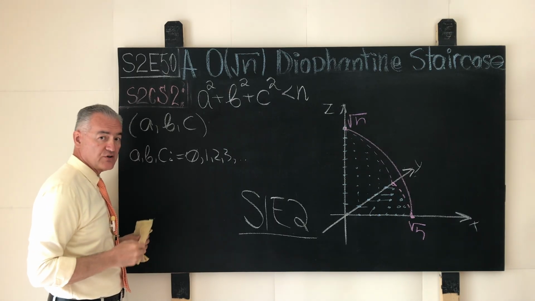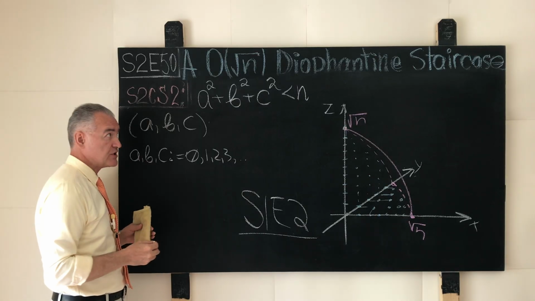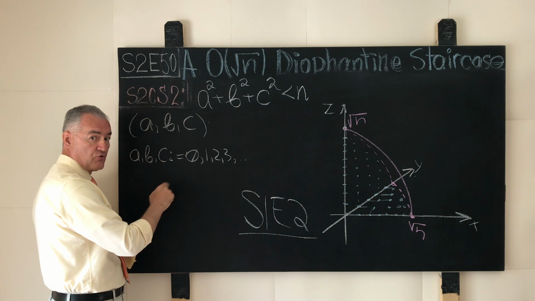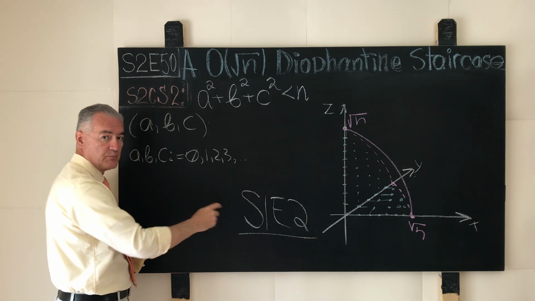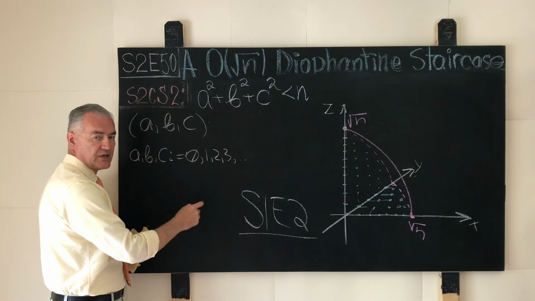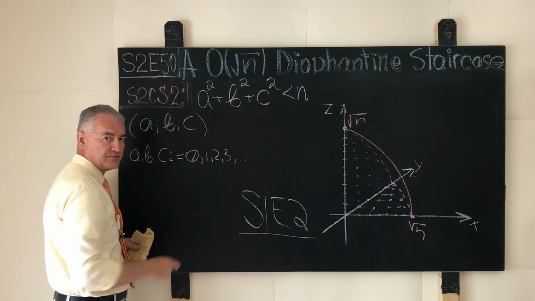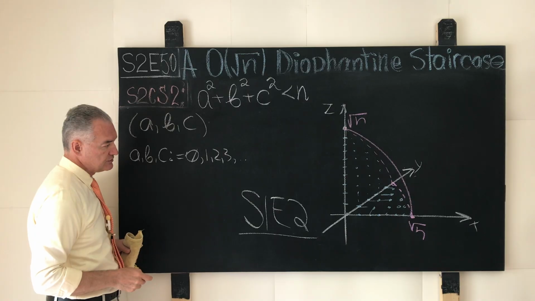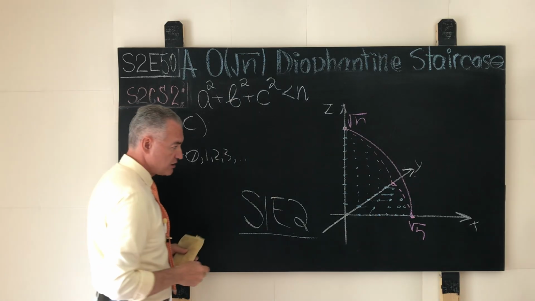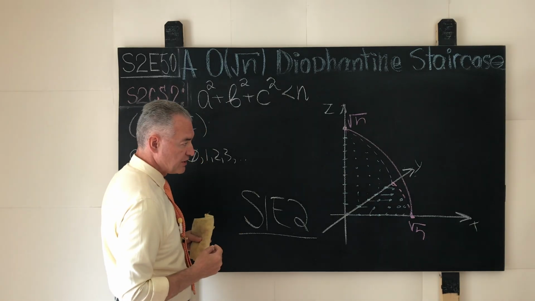We already know the brute force implementation: vary 3 variables independently, construct a nested loop for A equals 0, for B equals 0, for C equals 0, square root of n times square root of n times square root of n. But we also know one potential implementation.